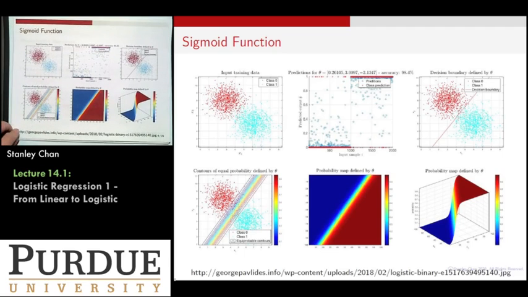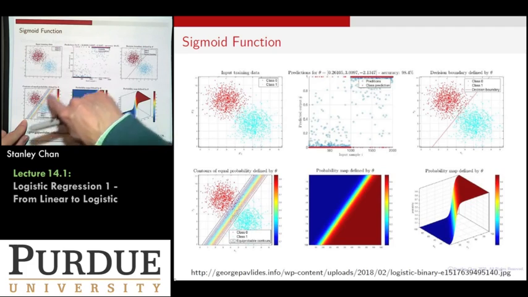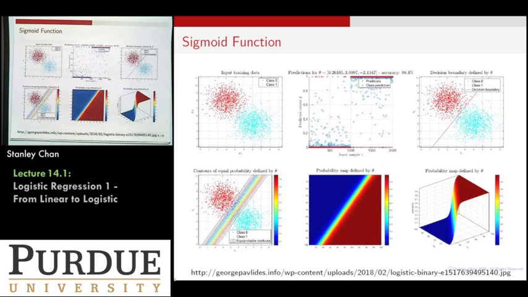Now, if you can do that, then you can see from this diagram that you can draw a lot of these lines that we call the contour lines. The contour lines say what is the probability that my data point should belong to this class according to my logistic predictor. That will give you some value.